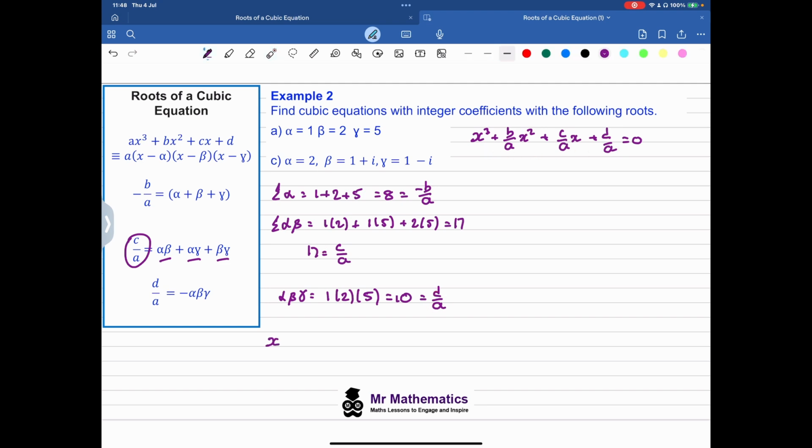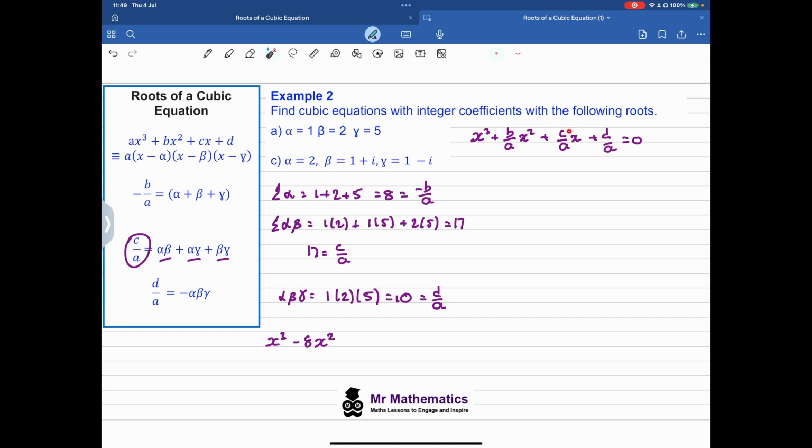So x cubed, and because we're given plus b over a, and this is negative b over a, then the coefficient of x squared will be negative 8. So we have to negate this positive 8 to get the coefficient of x squared.